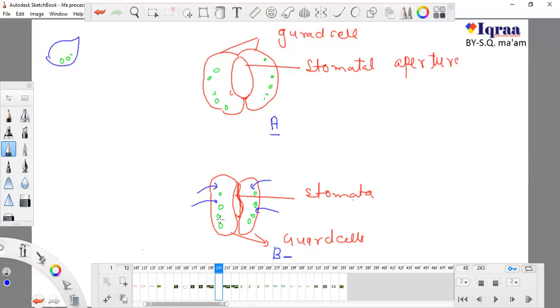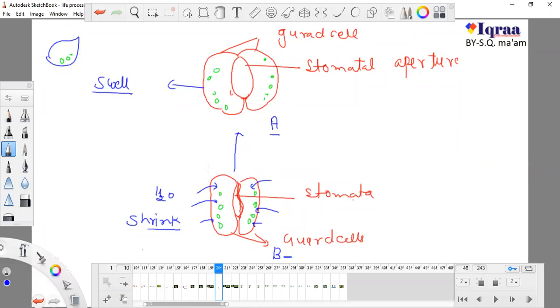So what happens exactly is that when there is a large amount of water, the water will come to these guard cells, and as the water comes, these guard cells swell like this. You can see the guard cells are swollen, and these other guard cells are very shrunk. As the water comes inside, the swollen guard cells will move apart.